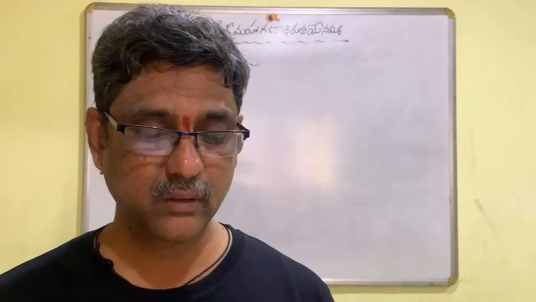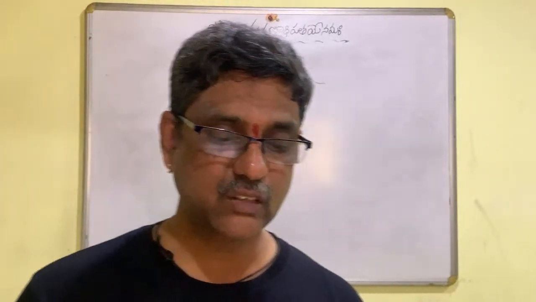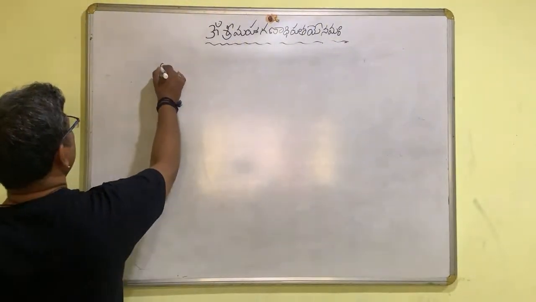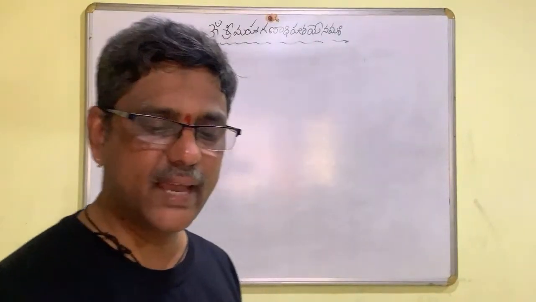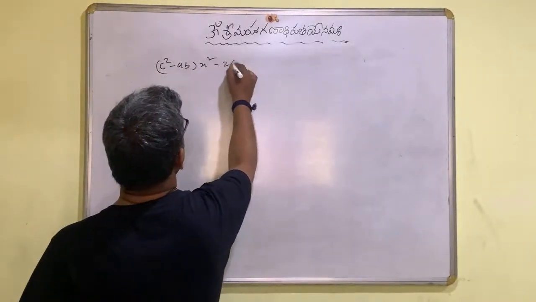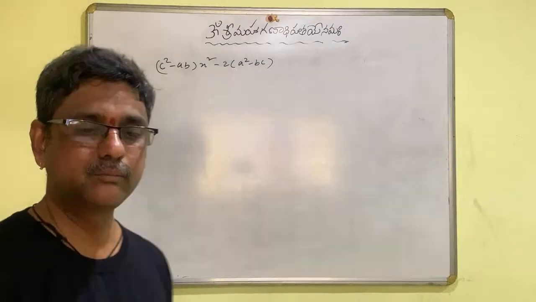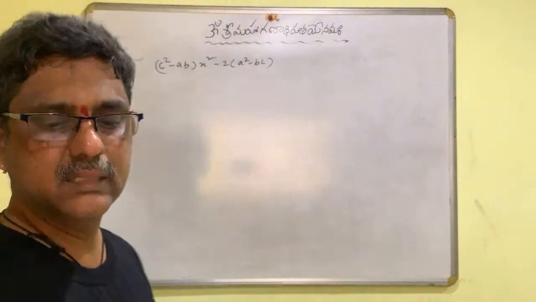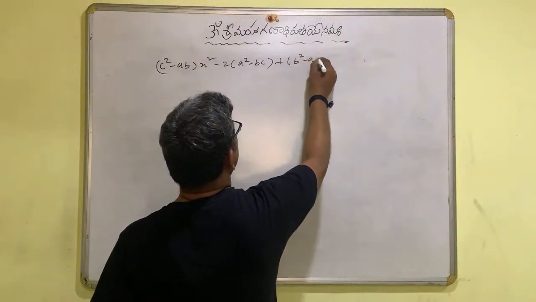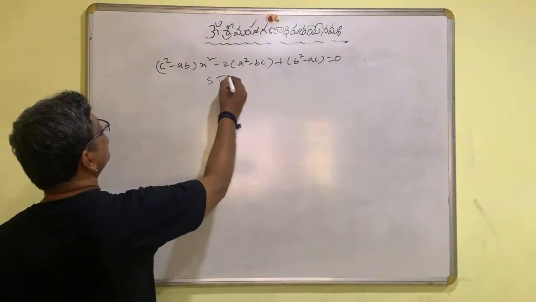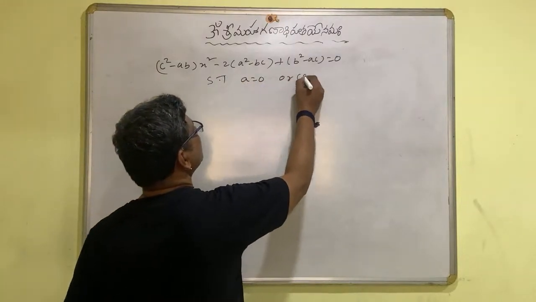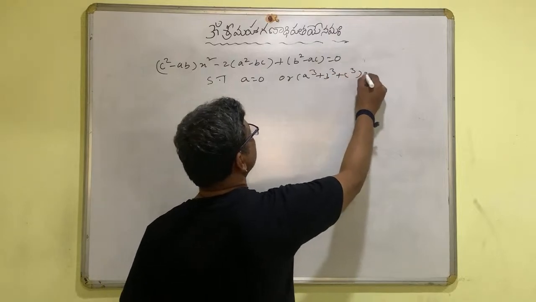If the roots of the quadratic equation (c square minus ab) into x square minus 2 into (a square minus bc) x plus (b square minus ac) is equal to 0 are real and equal, show that a is equal to 0 or a cube plus b cube plus c cube is equal to 3abc.